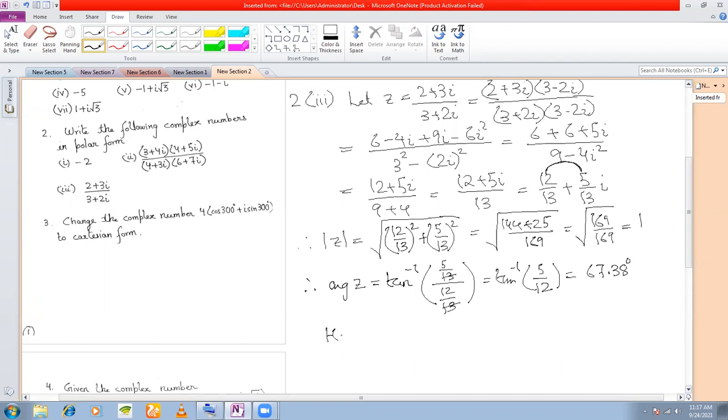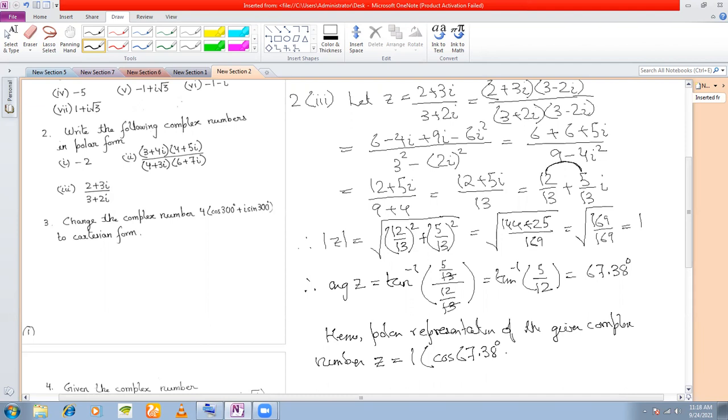So hence the polar representation of the given complex number z is equal to r, r is 1, cos 67.38 degree plus i sine 67.38 degree.